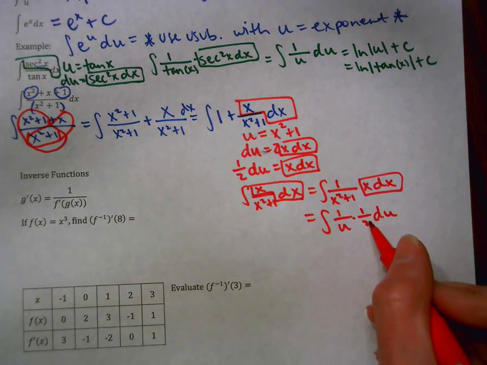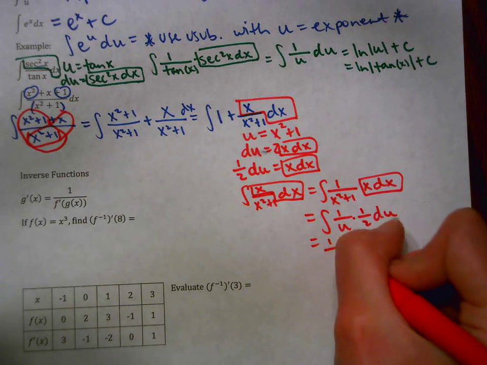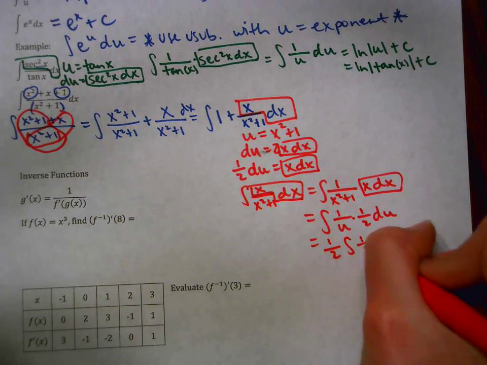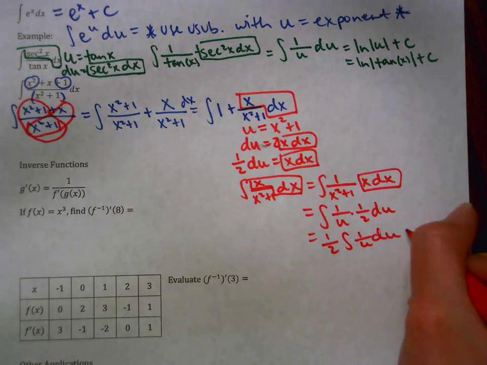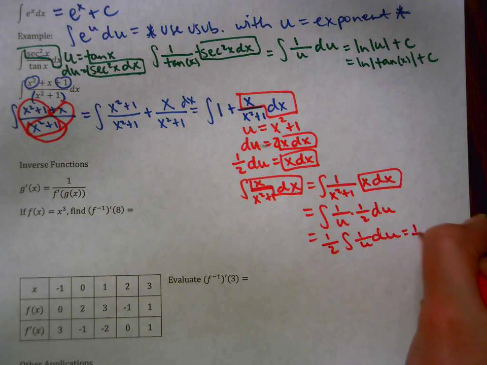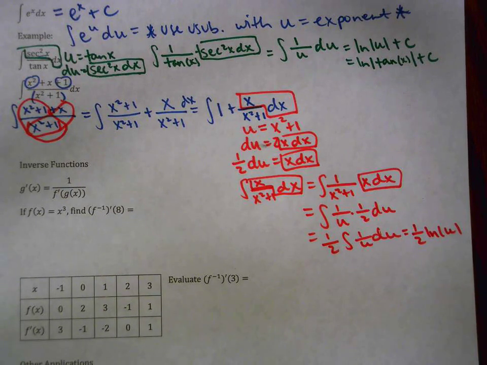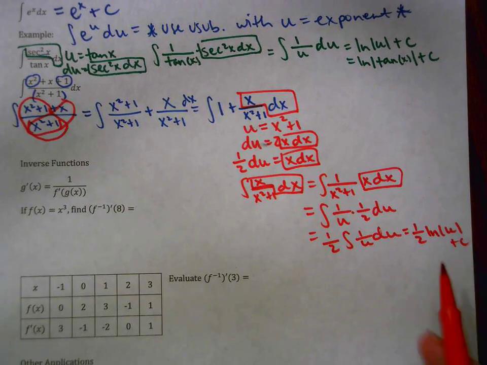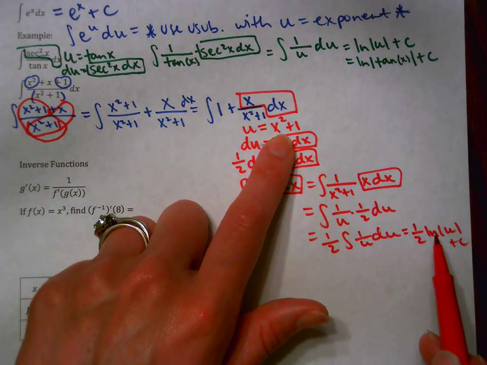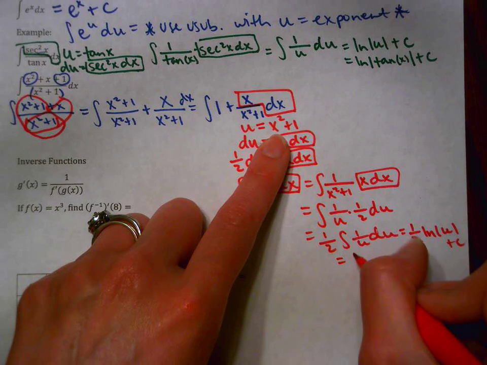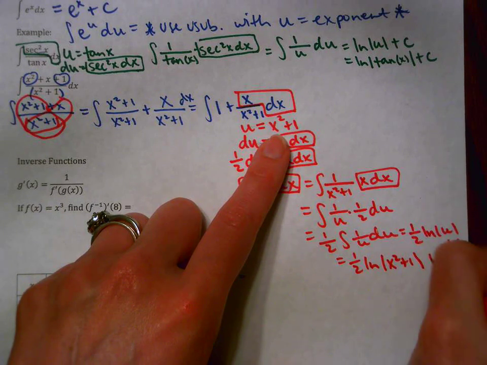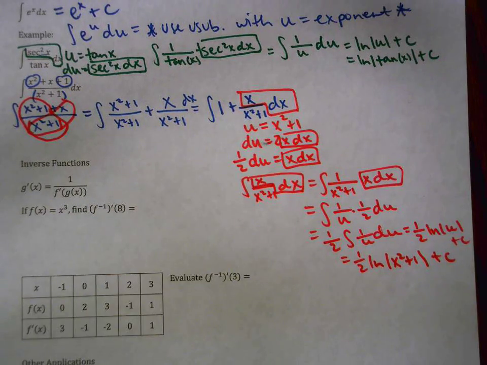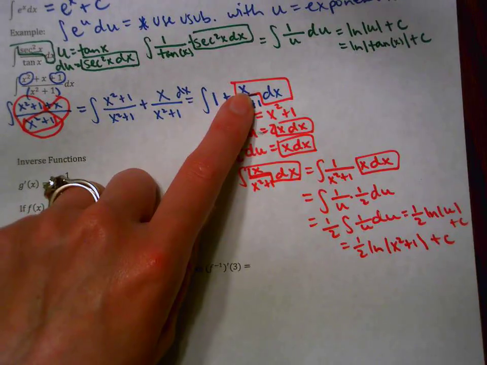So that 1/2 is a coefficient, so you can pull it out and put it in front of the integral. Then the integral of 1 over u would be, you still have your 1/2, and then natural log of u, plus c. So what was your u? It was x squared plus 1, so this is 1/2 natural log of x squared plus 1, plus c. So that's for the second term.